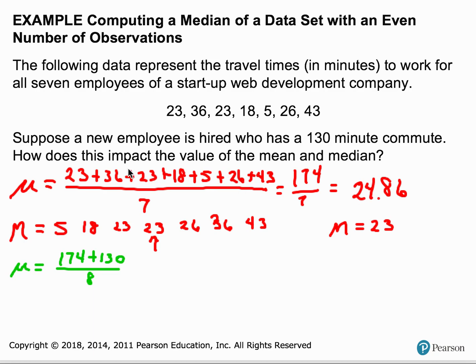I've already added all of these up. So all I need to do is now add 130 to that and one more on the bottom. So what's that? 304 divided by 8, which is 38.